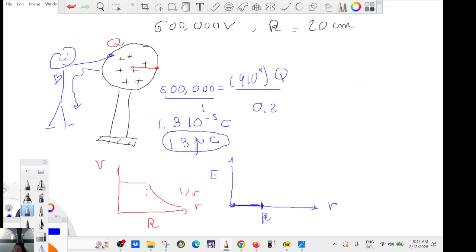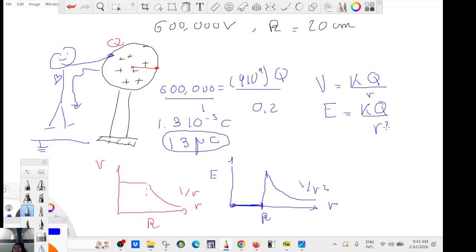You cannot have an electric field inside a conductor, and all of a sudden, then it goes down as 1 over r squared. So the potential is k Q over R, relative to very far away, which is the ground. Far away means the ground. Then the electric field goes down as K Q over R squared. So how do you go from one to the other one?